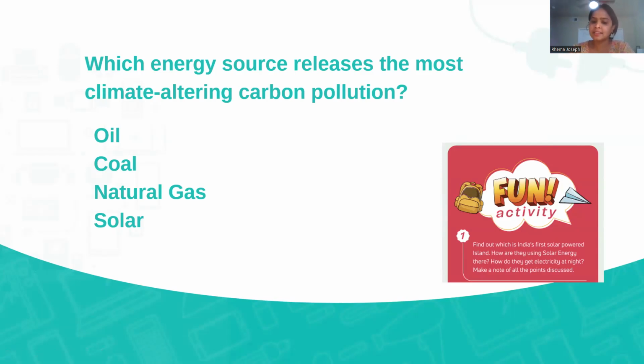How do they get electricity at night? And make a note of all the points discussed. This is an activity given to students, but since you're all students, it's just an interesting search for you to try and educate yourselves about. If anybody has gotten the answer, you can share it in the chat.